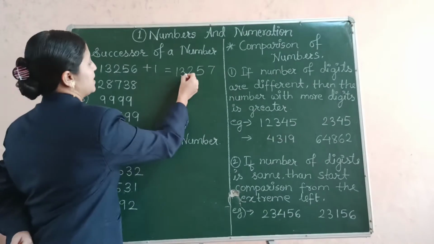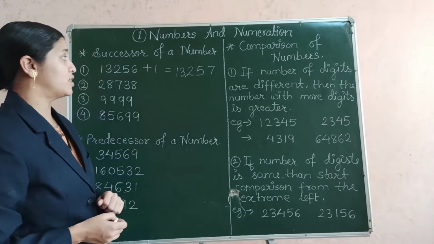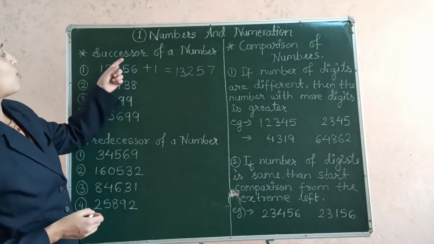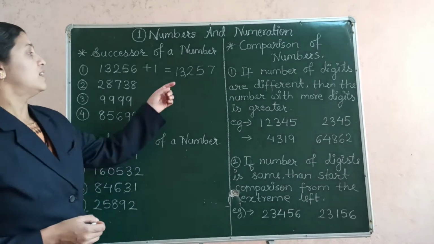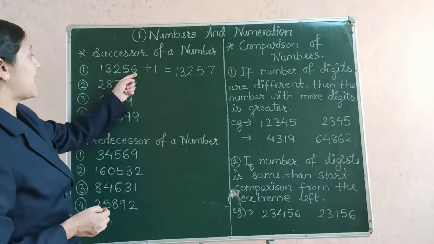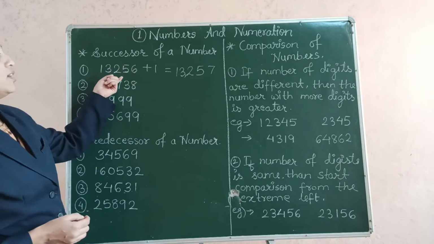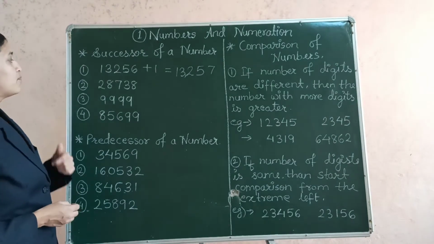The answer will be 13,257. So the successor of the number 13,256 is 13,257. When we added 1 to the given number, we got the successor of the given number.